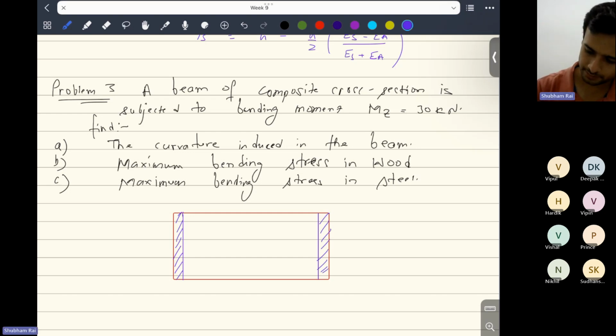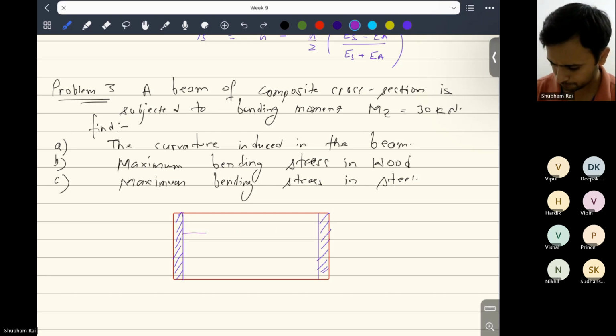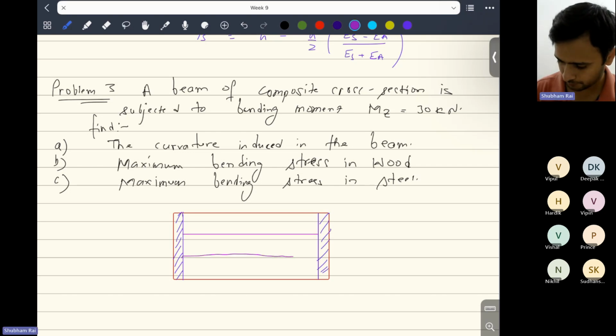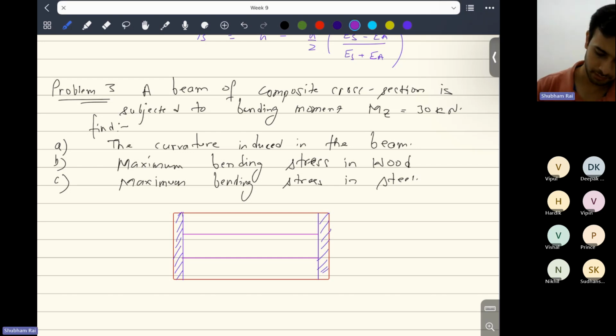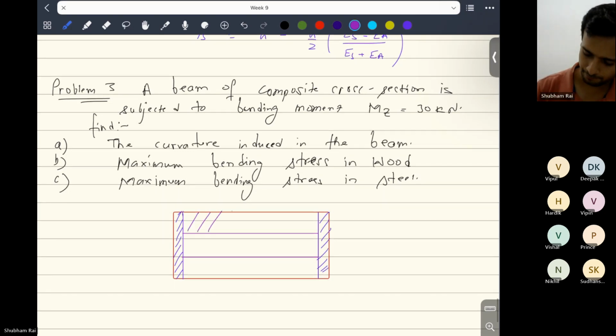And at the center you have wood. Not exactly at the center. So here you have wood. And all the interfaces are perfectly bonded to each other. And at the center you have empty space. And the coordinate system is this is y and this is z.